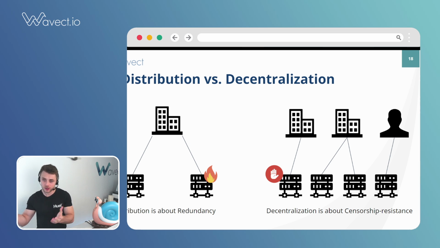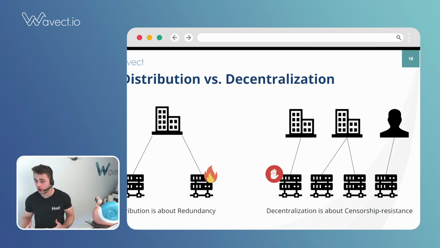Decentralization provides, in general, very similar or the same benefits as distribution, but with one key difference: you have different companies or individuals managing these servers, which means that could be a node. In a blockchain environment, you have a lot of people operating the blockchain, different companies, different actors, individuals.